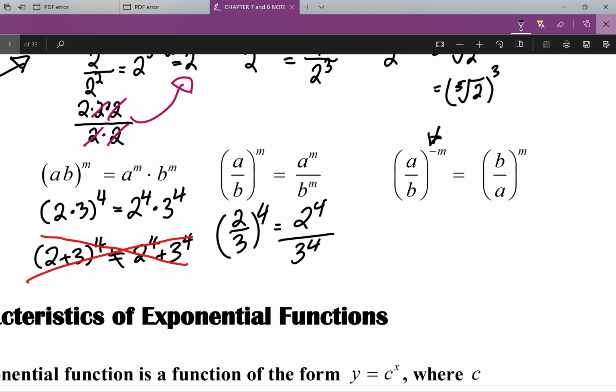So once we get rid of the negative sign, we just flip the values. If I had 3 over 4 to the power negative 2, this would equal 4 over 3 to the power 2. I got rid of the negative sign and I reciprocated the fraction that was on the inside. And again, if I wanted to take this one step further, it would be 4 squared all over 3 squared.